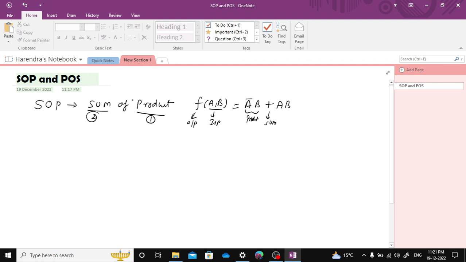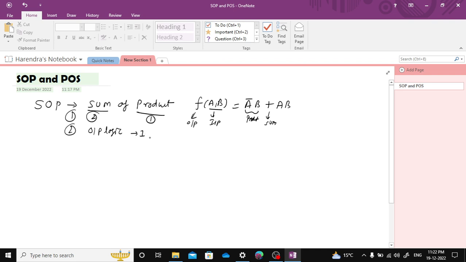In SOP, this is the first point, and the second one is that your output logic is 1. For SOP, output logic is 1. It means when your output function is 1, then it contributes some contribution in the final output value.